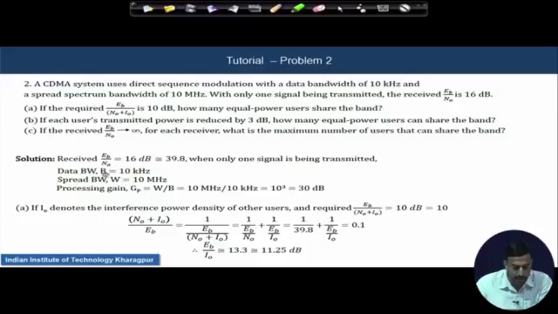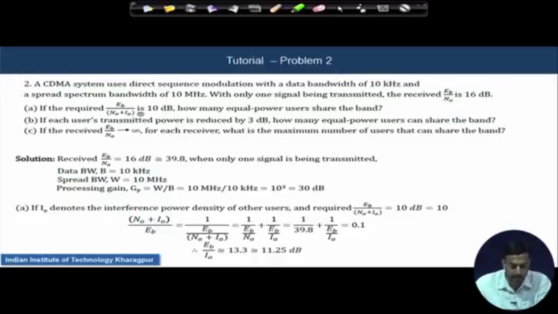We have the bandwidth of the data specified as well as the spread spectrum bandwidth. So as we know, by definition the processing gain, which has been seen in a previous class and derived as well, is the ratio of the spread bandwidth to the data bandwidth. So that turns out to be 10 megahertz by 10 kilohertz, which is 30 dB.